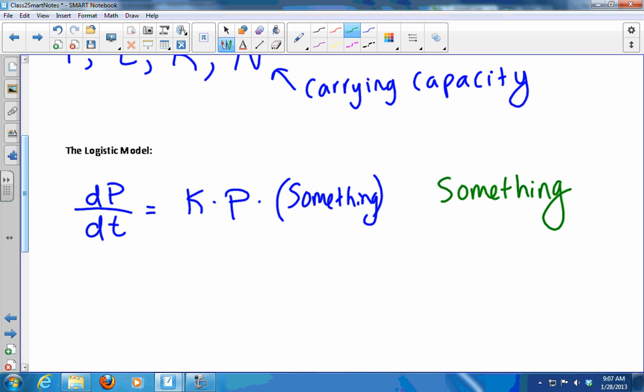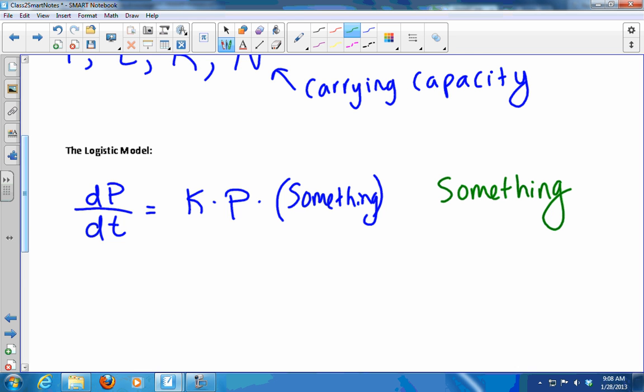And I would like it to be close to 0 when my population is close to the carrying capacity, but still less than the carrying capacity, because then my growth rate will be 0. If I'm at the carrying capacity, I assume I'm just not going to grow anymore. And if my population is bigger than the carrying capacity, then I want this something to be negative, because then my growth rate will be negative, which means my population will be decreasing.